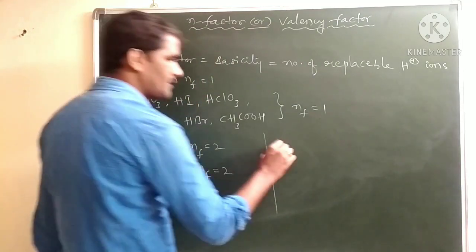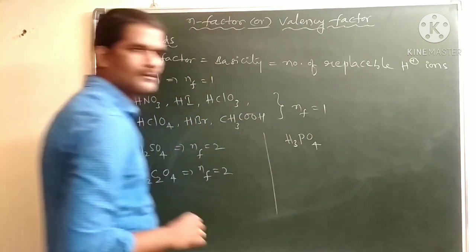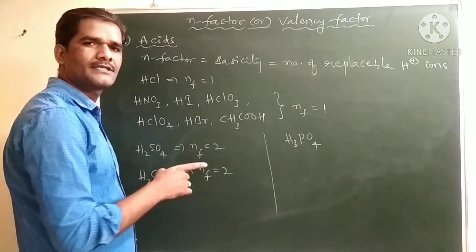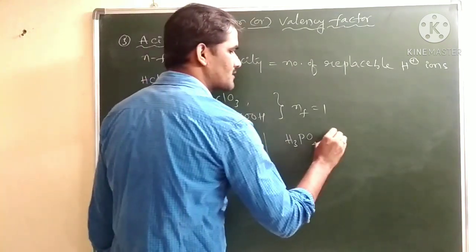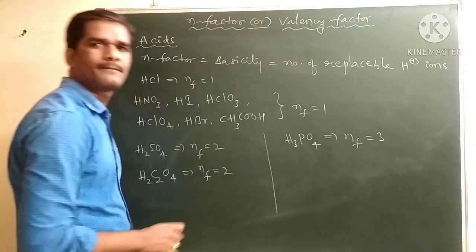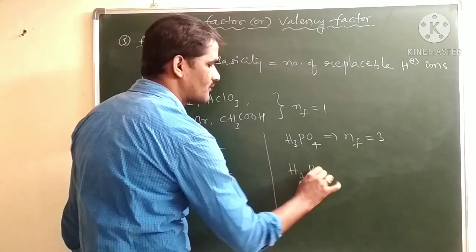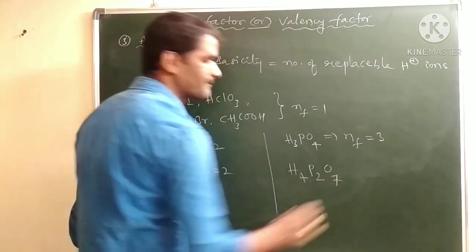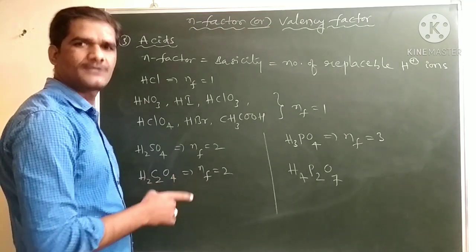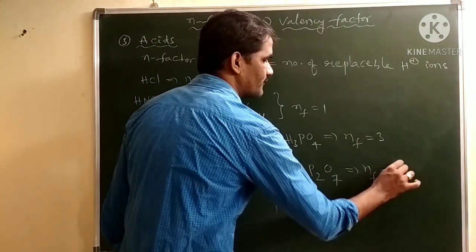Next, H3PO4, phosphoric acid. It replaces 3 H plus ions. So your N factor is equal to 3. You can take pyrophosphoric acid, H4P2O7. Here it replaces 4 H plus ions. So N factor is equal to 4.